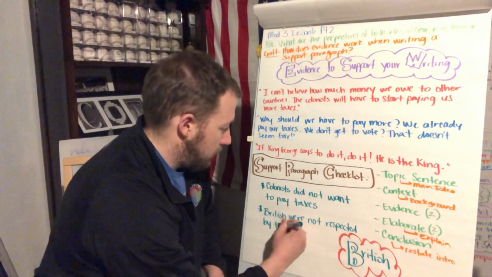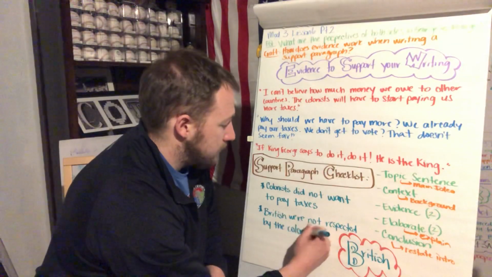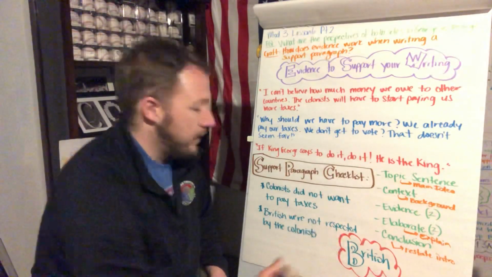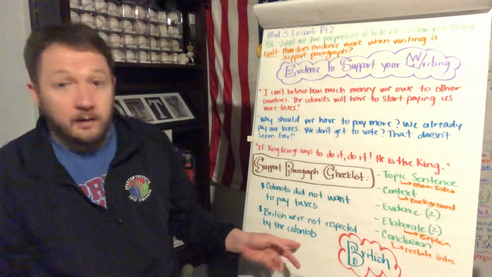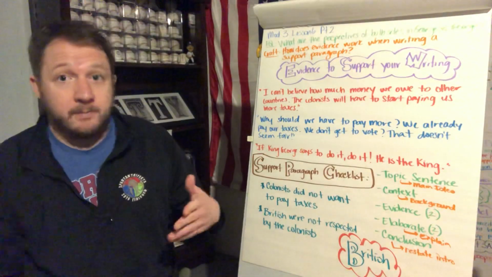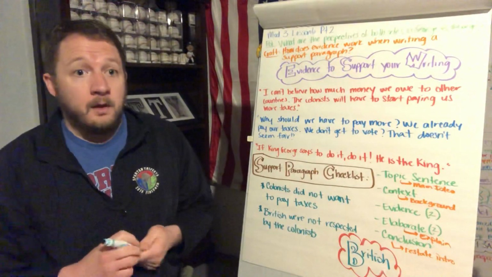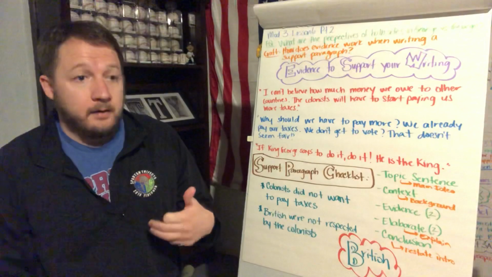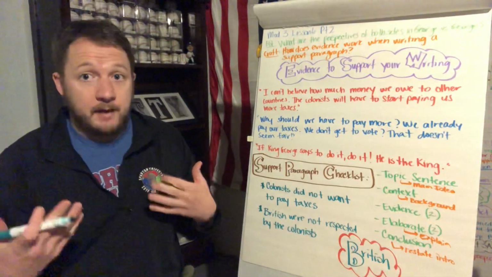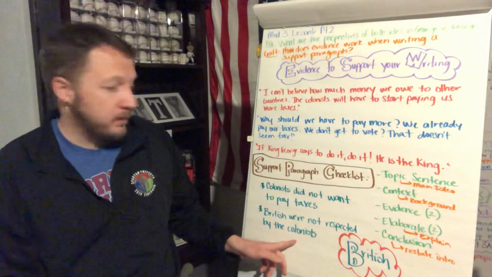by the colonists, okay? And there's been a lot of examples of the British not being respected by the colonists and how that's been a major thing in both the Boston Massacre, the battles of Lexington and Concord, and if you can't think of that, that should be one of your strongest points right there.